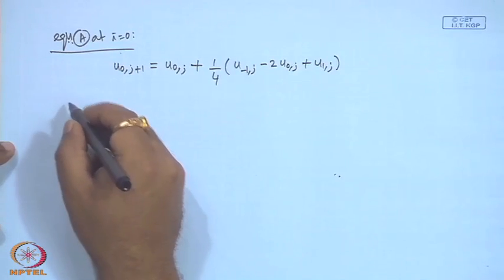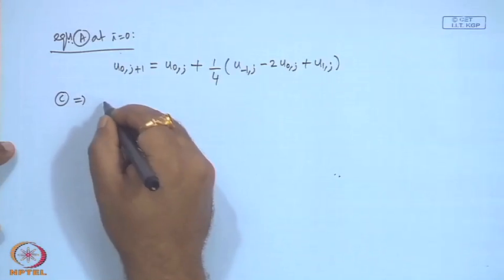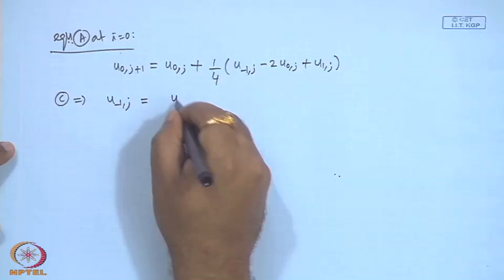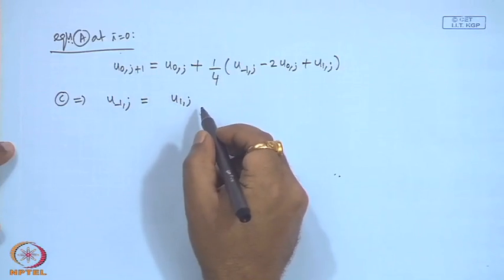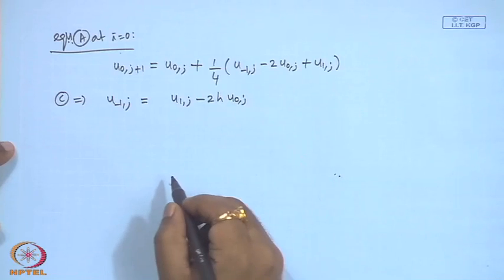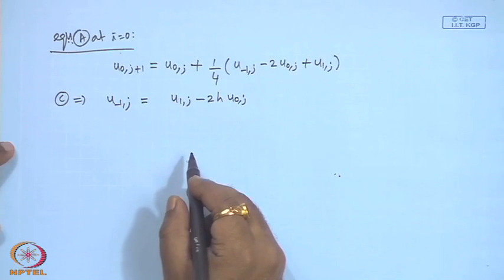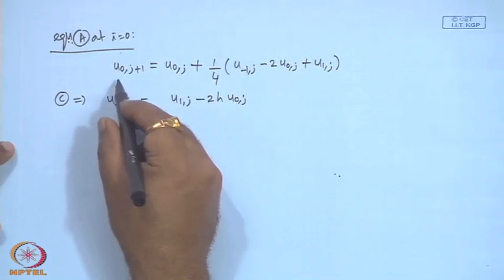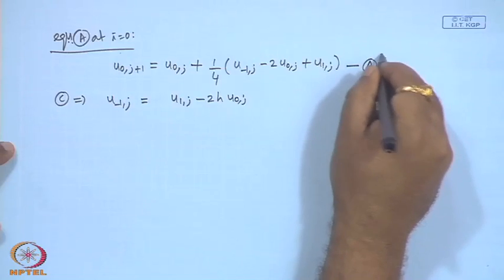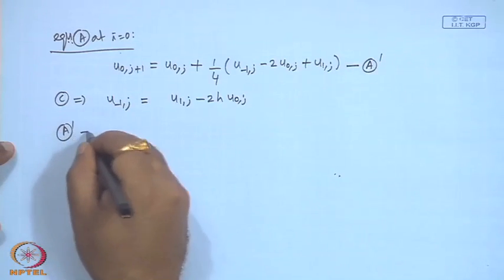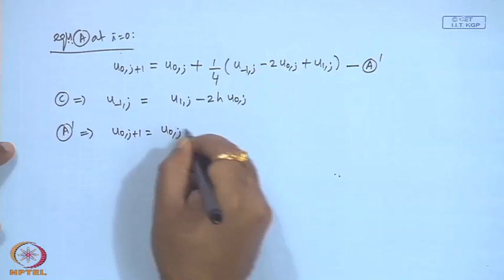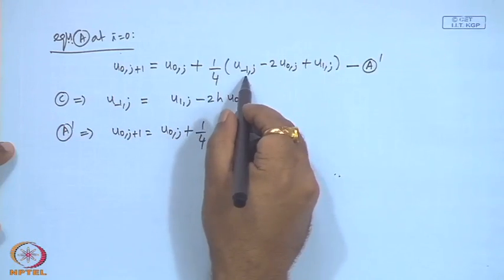However, C implies u minus 1 j is equal to u 1 j minus 2 h u 0 j. Okay. So, the above equation becomes, say this is A prime, so for u minus 1 j.